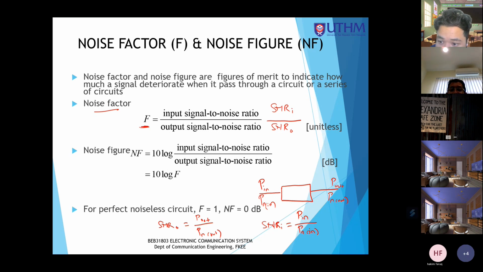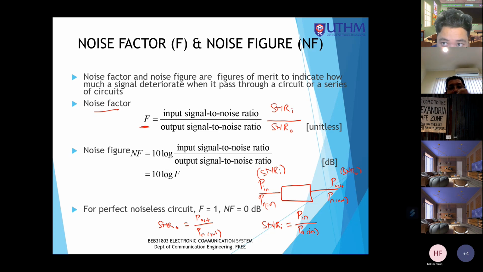So maknanya ada dua SNR. So SNR in, over here we're going to produce SNR input. Over here we're going to produce SNR output. Okay, so that means noise factor is SNR input divided with SNR output. Okay, so SNR is a unitless parameter divided with another unitless parameter. So you're going to produce a ratio which is without unit.